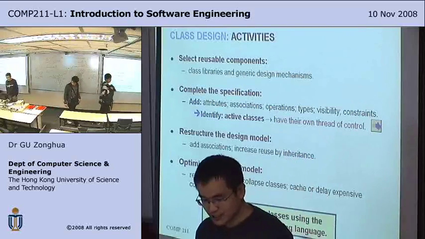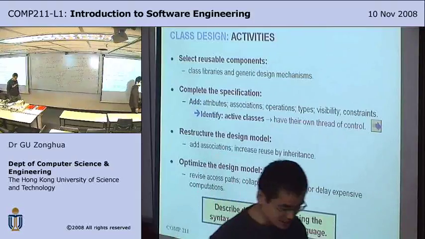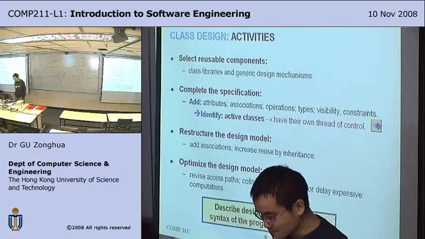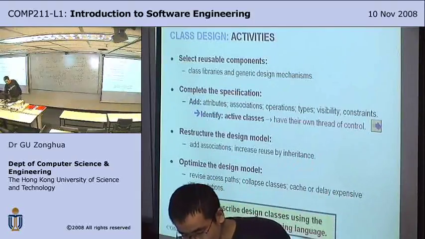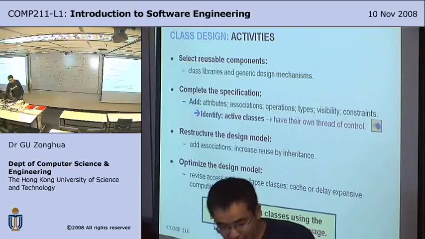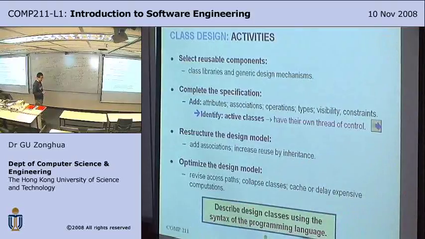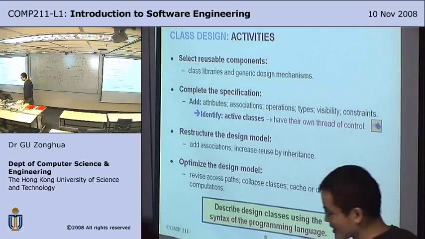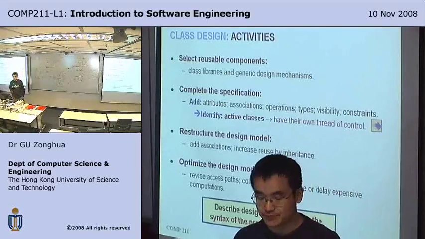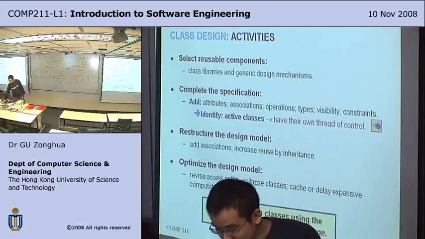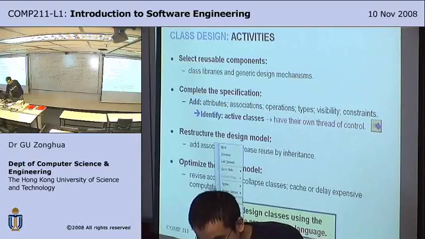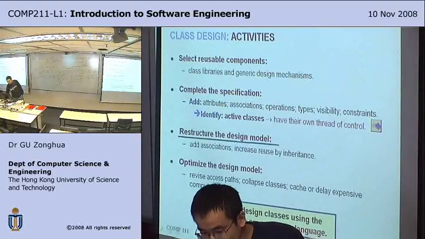So last time we discussed design class. In particular, in the design model, unlike in the analysis model, we have to take into account implementation environment, that is, performance issues. So that is why we sometimes need to restructure the design model.